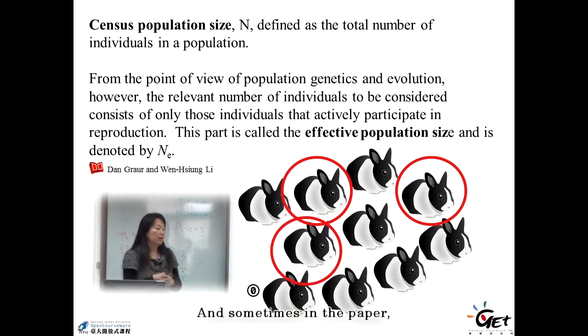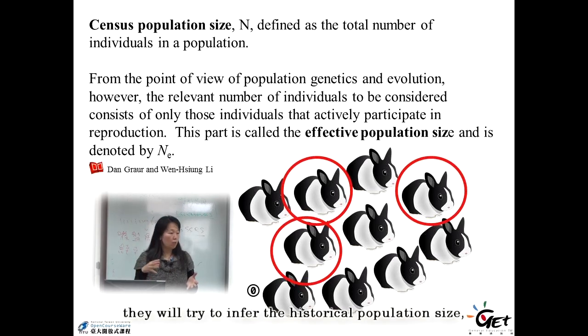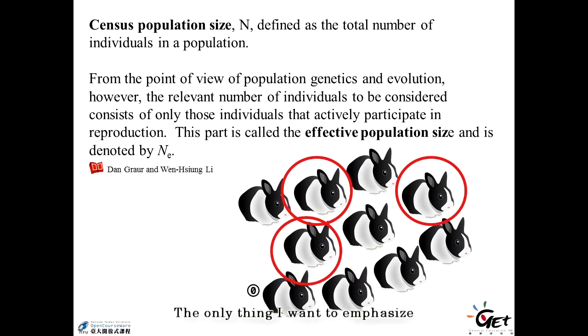And sometimes in a paper, based on sequence analysis, they will try to infer the historical population size, or the changes in population size back in historical time. The only thing I want to emphasize is that the census population size might be very different from the actual population size which contributes to the gene pool for the next generation.